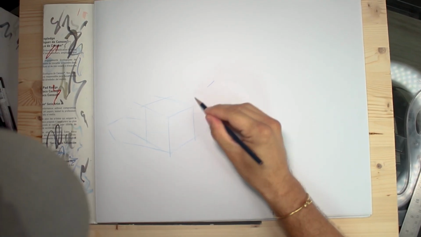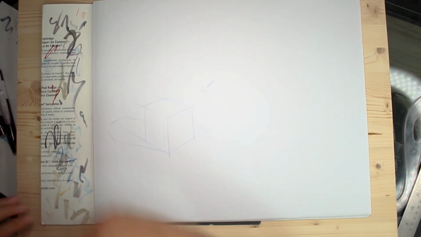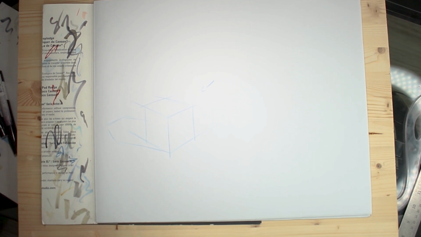I'm gonna take just my grayscale to keep it simple for now. So I'm gonna take 1, 3, 5, 7, 9, and black. And what I'm gonna do is say where the light is coming from, right? So if the light is coming from this side, the lightest side will be the top, right?